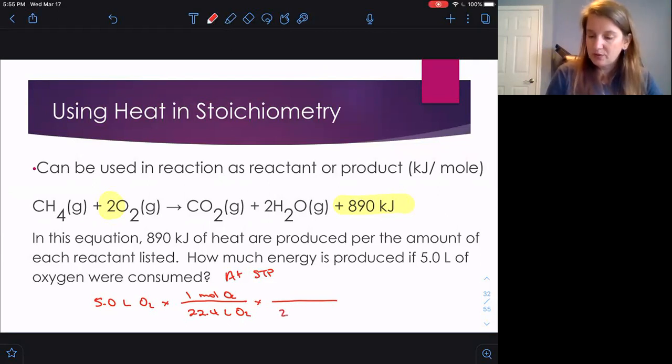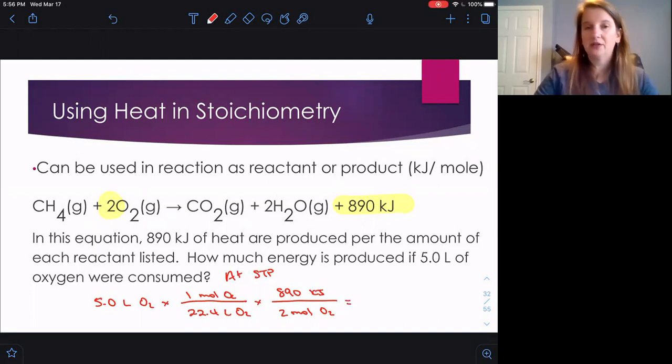So we can put our 2 moles of oxygen down here and our 890 kilojoules of energy up here. And then we can go ahead and solve. 5 divided by 22.4 times 890 divided by 2, and we would get 99 kilojoules of energy. Sig figs because of our 5.0.